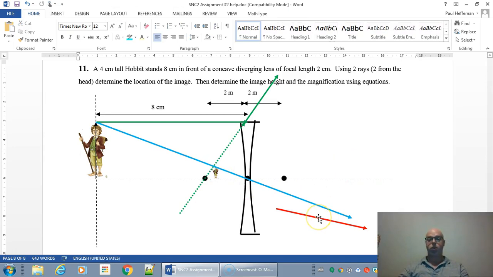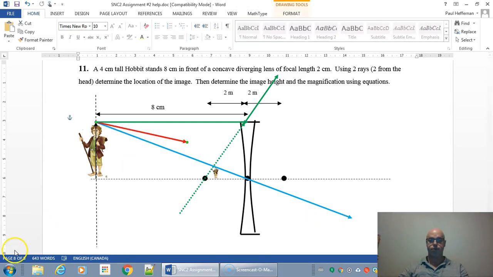Now if you decide to go for a third ray, you can aim a ray from the head towards the focal point right over here.